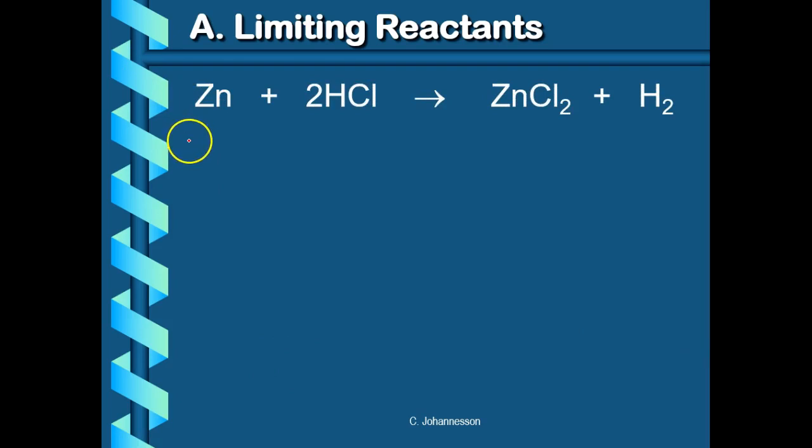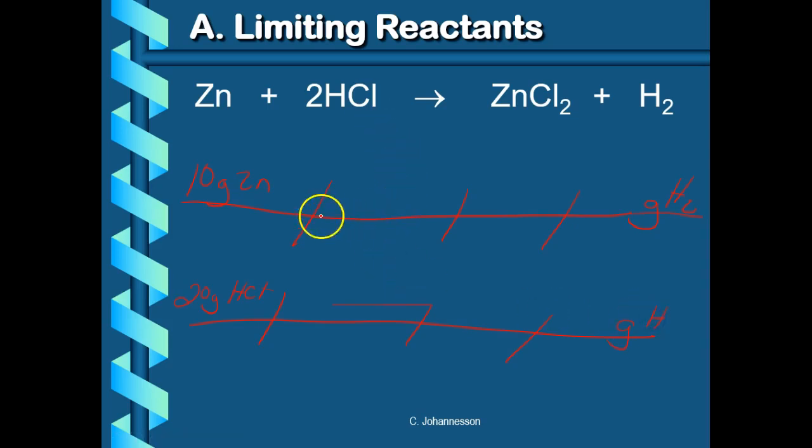So we had 10 grams of zinc. We are going to go to grams of hydrogen. So we're going to have another set of railroad tracks. This time we're going to have 20 grams of HCl, and we're still going to go to grams of hydrogen.